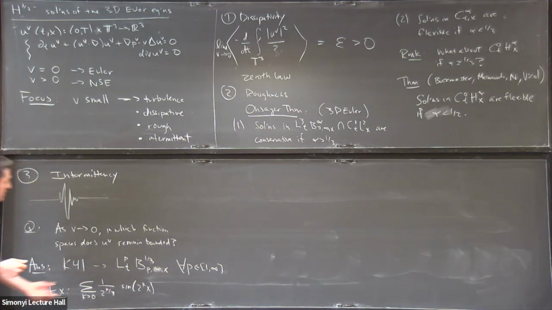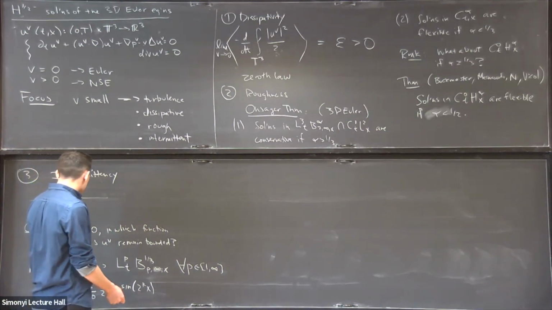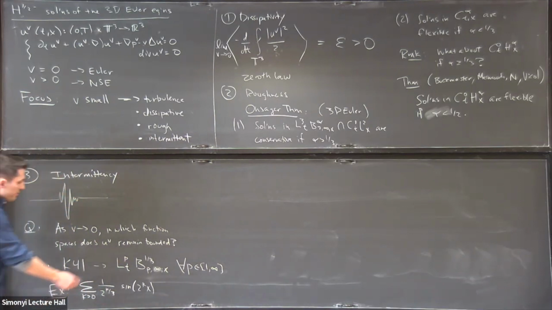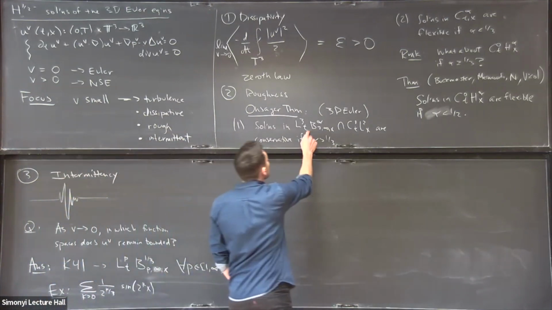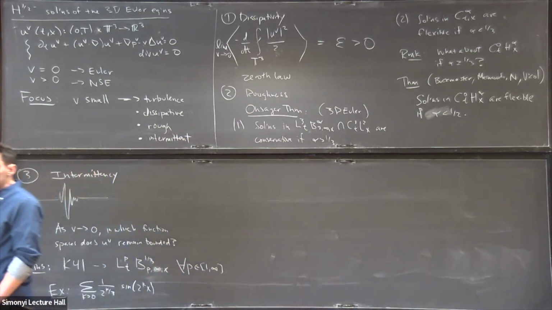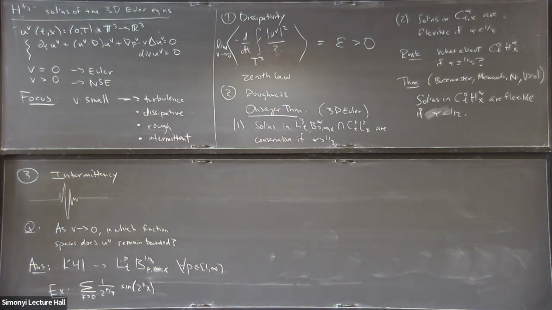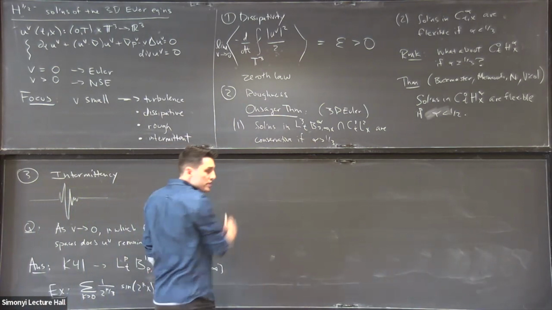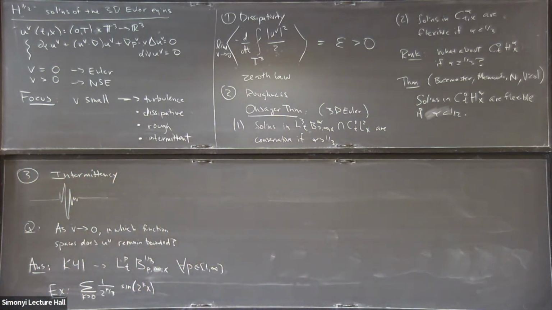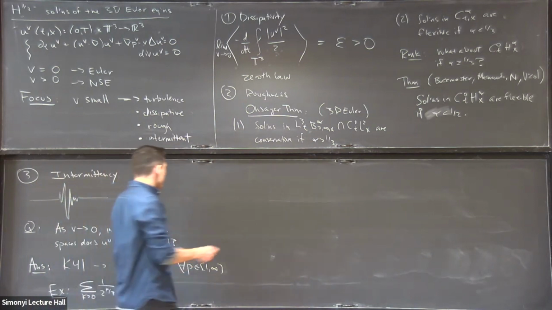And that homogeneity means that the regularity is the same, no matter which Lebesgue space I measure it in. And one thing I just want to point out is that it's somewhat striking that if I consider p equals 3, this space is exactly the space that was identified in the Onsager theorem. So what Kolmogorov is saying is that turbulent solutions of these equations are just rough enough to sustain anomalous dissipation, but not much rougher.